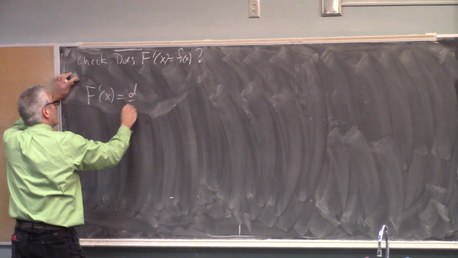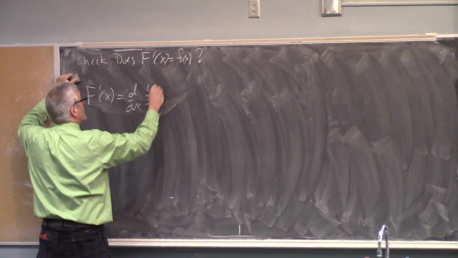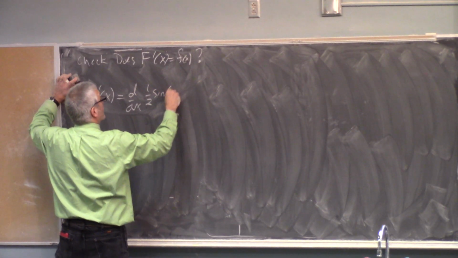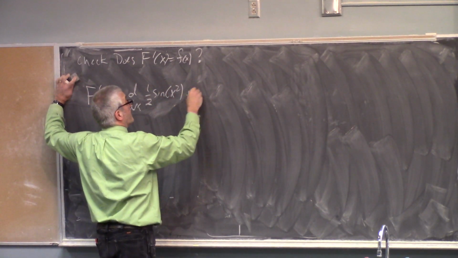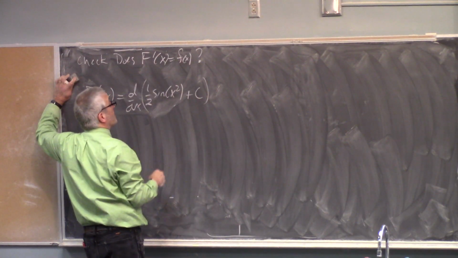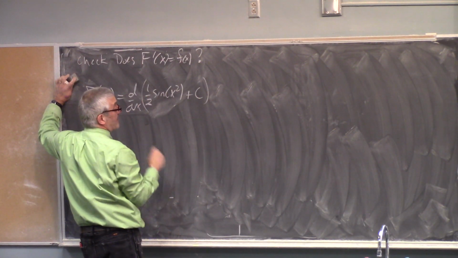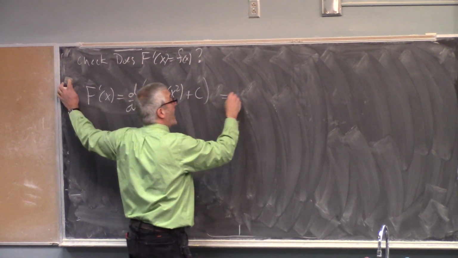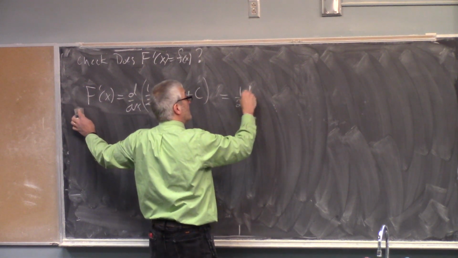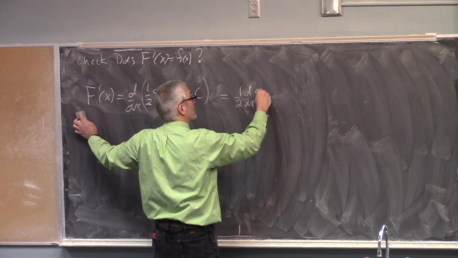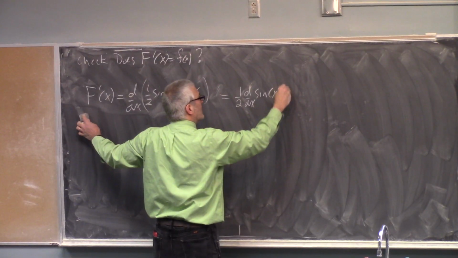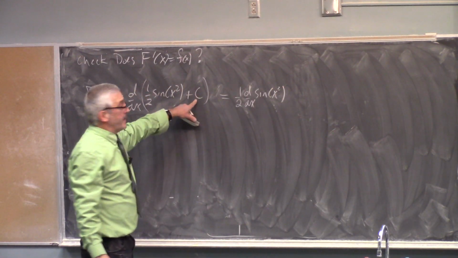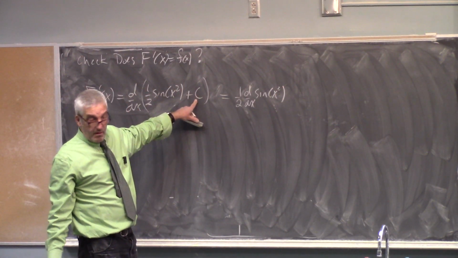So capital F prime of x is the derivative of 1/2 sine x squared plus c. I can use the sum and constant multiple rule to pull that 1/2 out. And then also the derivative of c is 0.